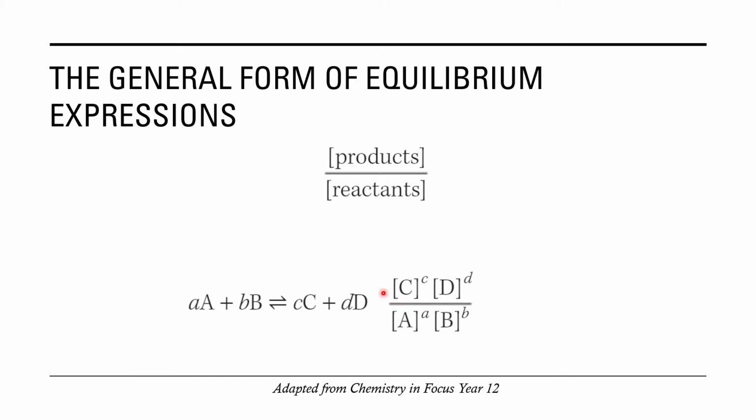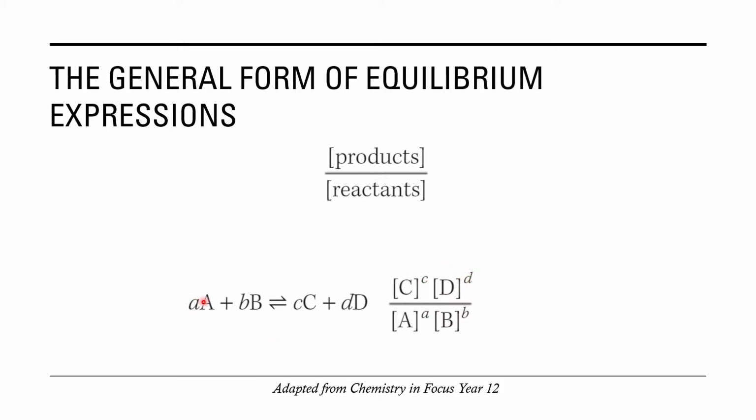So a word that I might use quite frequently is product of products and product of reactants, meaning that we multiply the products together, we multiply the reactants together. The additional thing that we need to do as well is make sure that the coefficients that are on the outside here, so this might be a 1, a 2, a 3, a 4, for example, end up as indexes or exponents, powers that sit on top of each of the concentrations.